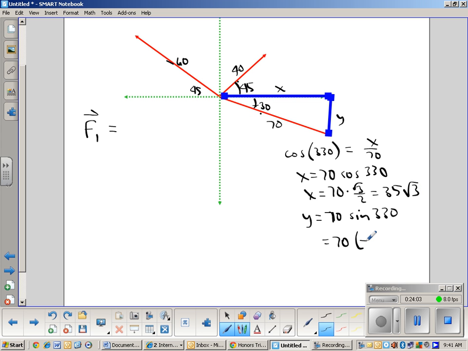But negative, 330 would be a negative 1/2. So it's going to be a negative 35. So my force vector 1 is going to be x is 35 square root of 3 i, minus, because it's negative, 35j. Okay?